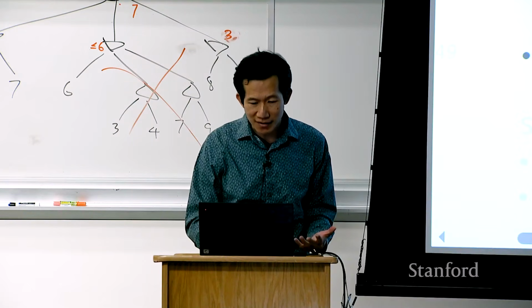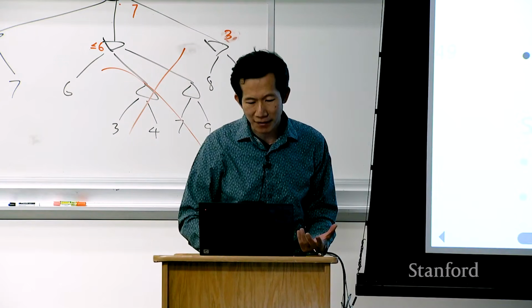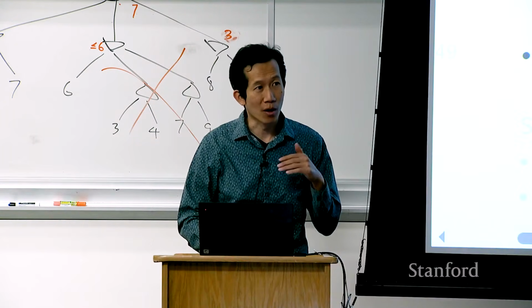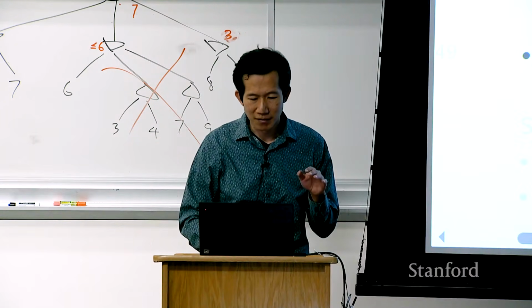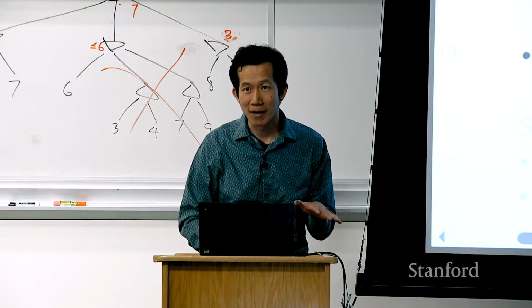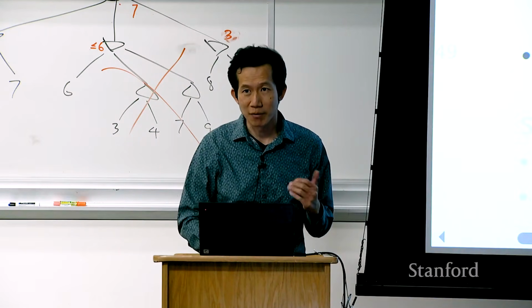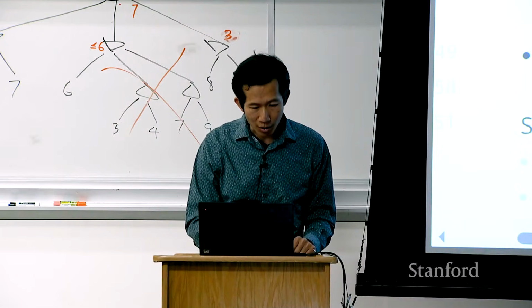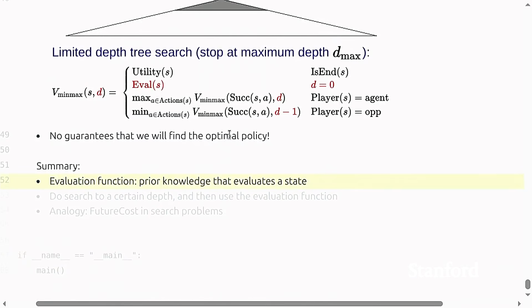But the nice thing is that you have a bit of control. The deeper you search, the less sensitive you are to the evaluation function being bad. Whereas if you do a shallow search, your evaluation function had better be good. Okay, evaluation function: prior knowledge that evaluates a state quickly.